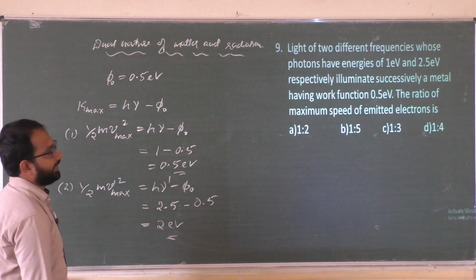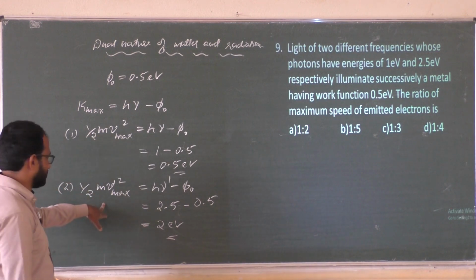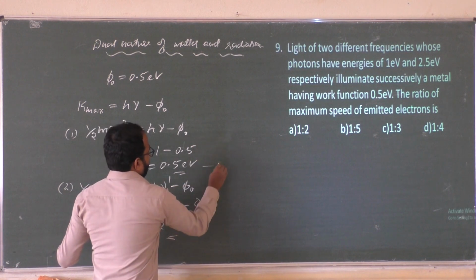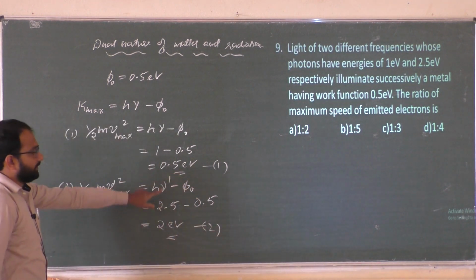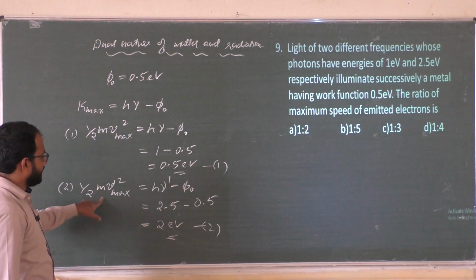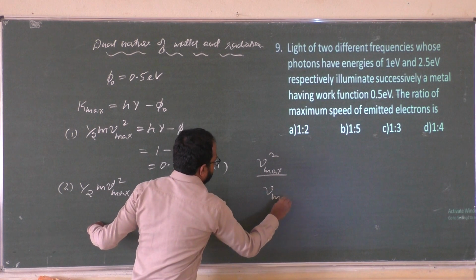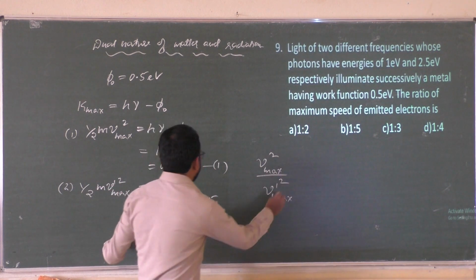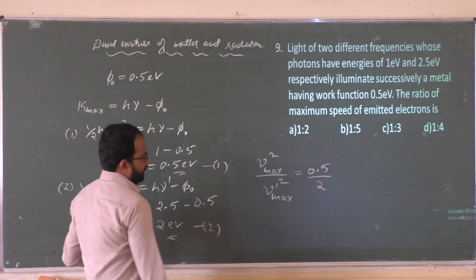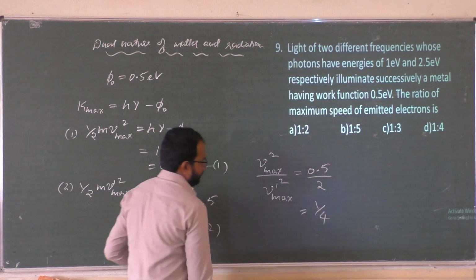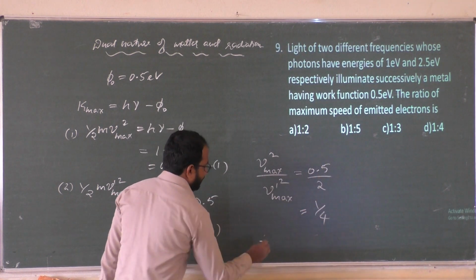What is asked? The ratio of maximum speed of emitted electrons. You have to calculate the ratio v maximum to v maximum dash. If you divide equation 1 by 2, half m gets cancelled, so v maximum square by v maximum dash square is equal to 0.5 by 2, which is 1 by 4.